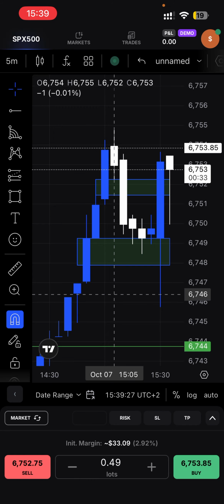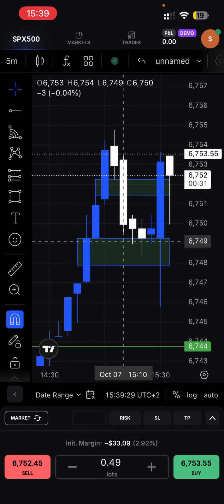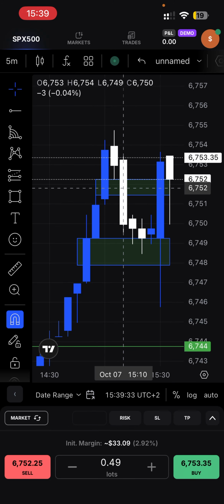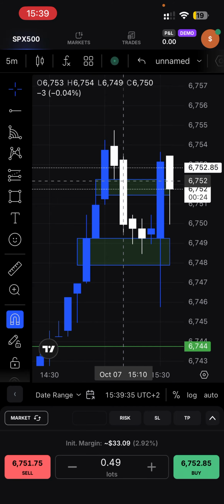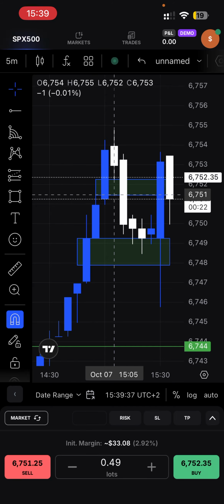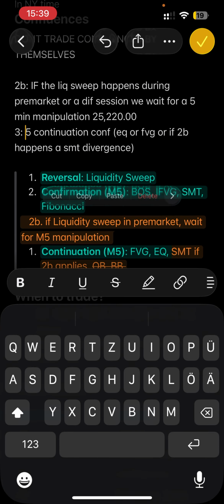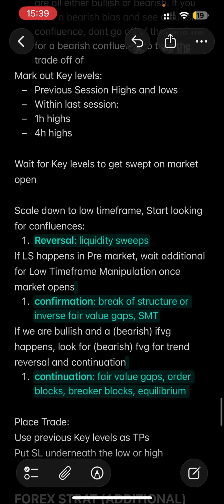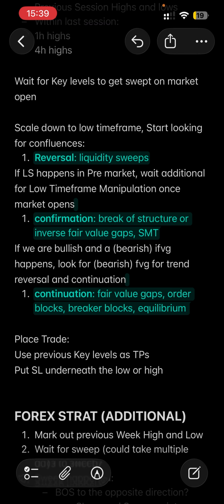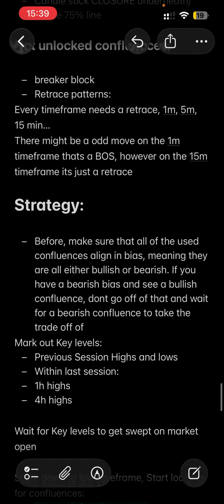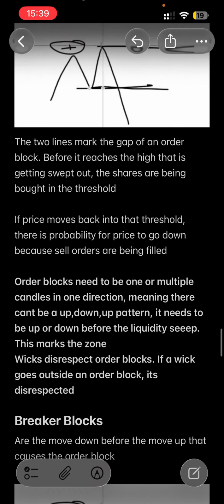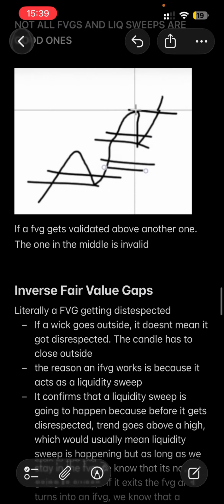Then we have a fair value gap here. First we go up, then we create an imbalance. I think that's what it's called. Actually, let me check. It was a very recent confluence that I've learned. Fibonacci, breaker block, order block.